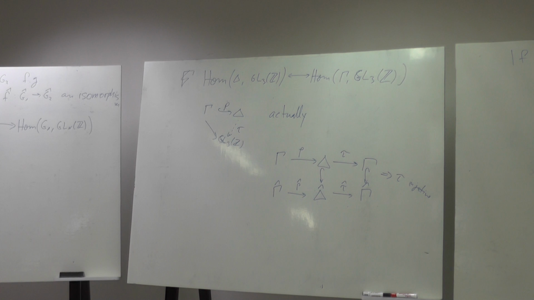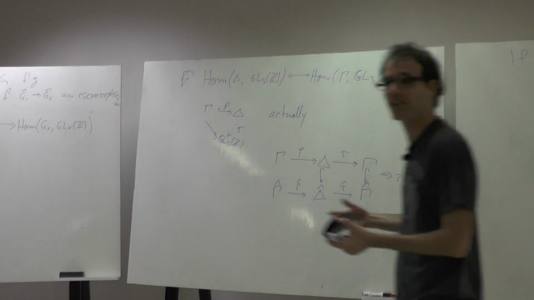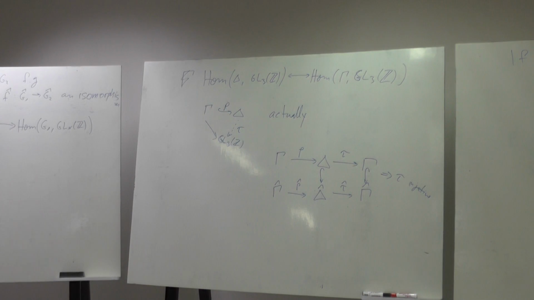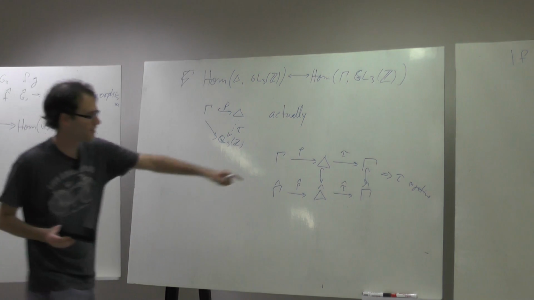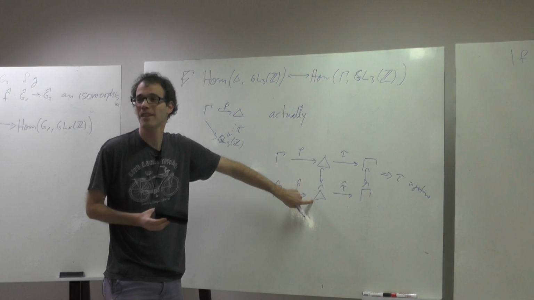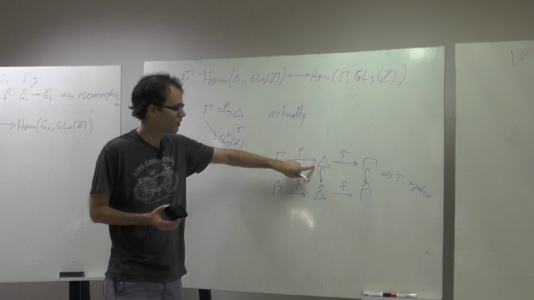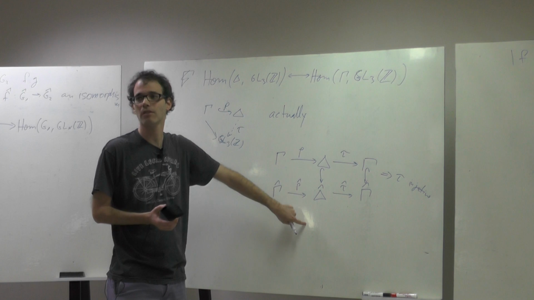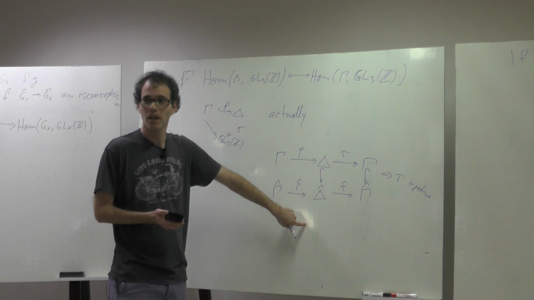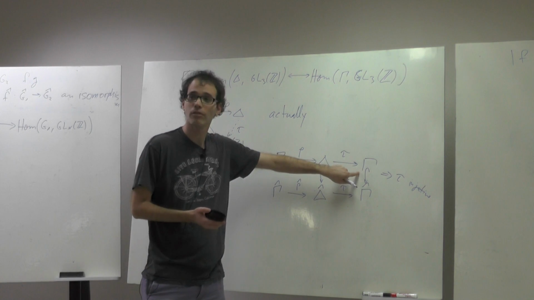If delta is not residually finite, you need to prove that it is residually finite, there is another trick, but here, the fact that this is an embedding is the meaning of delta being residually finite. It embeds into the profinite completion. Again, I want to prove that tau is injective.